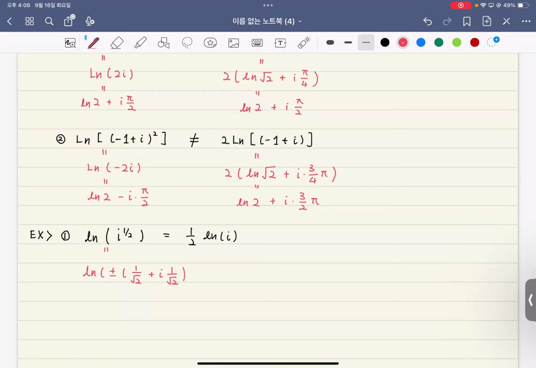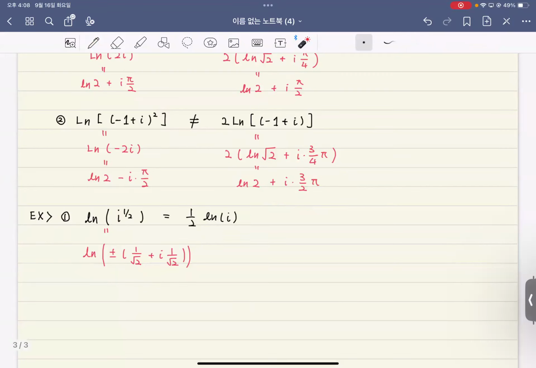Yes, this is good. Since this is a multi-valued function, I am supposed to first consider this value, taking the union with minus the same thing.